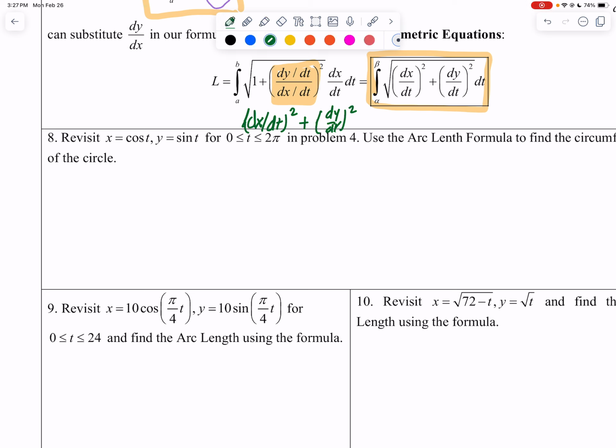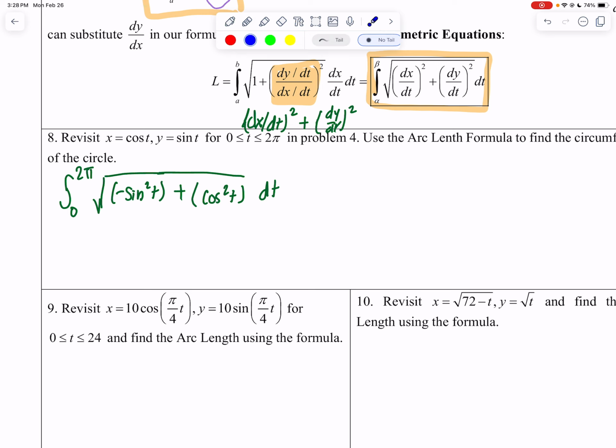So we are going to have the integral from 0 to 2 pi of the square root of dx dt squared plus dy dt squared. So dx dt is going to be negative sine of t, squared, plus cosine of t, squared, dt.